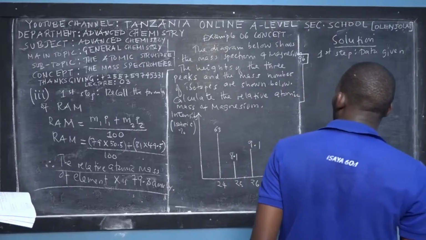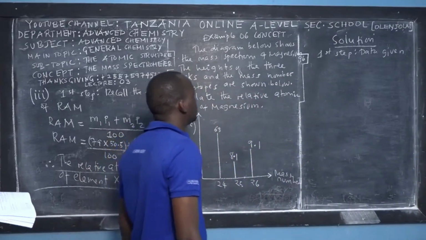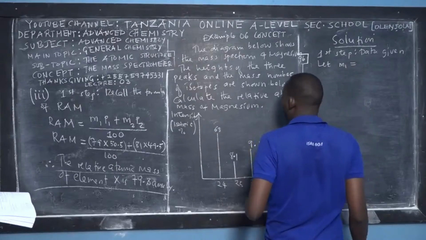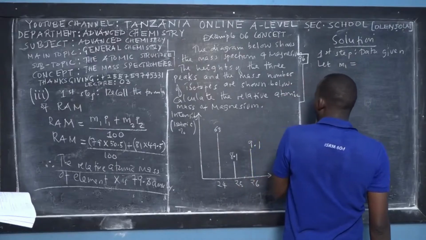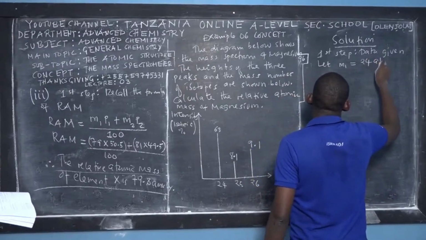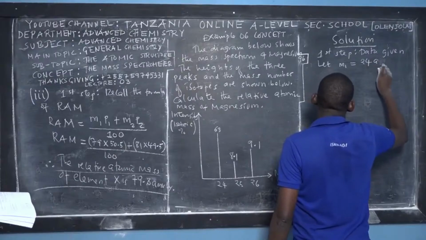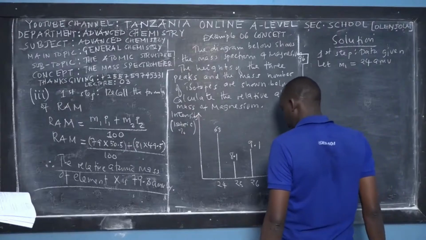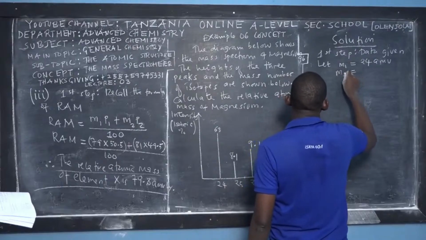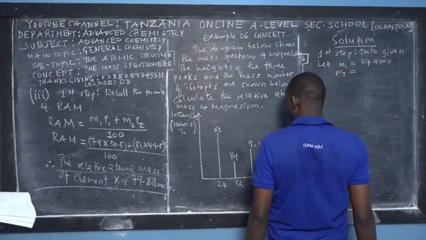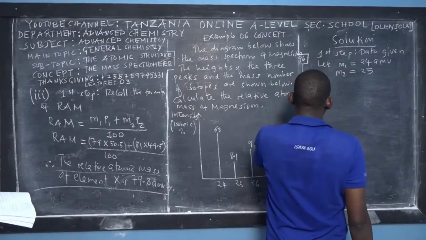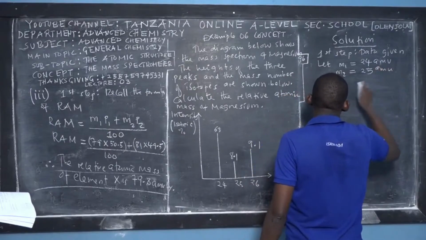We've been given a lot of information, but it is in graphic form. Mass 1 in atomic mass unit, then the second mass in atomic mass unit.